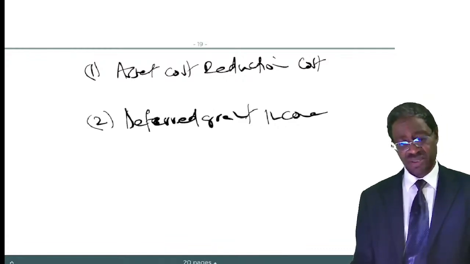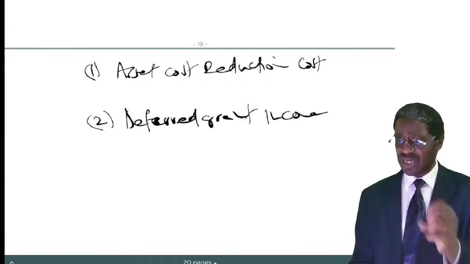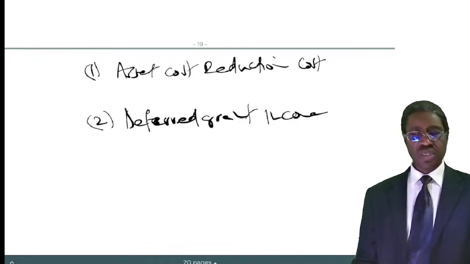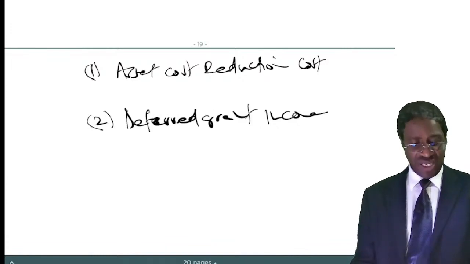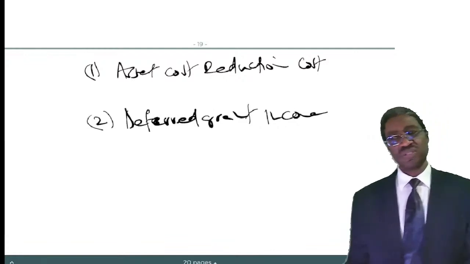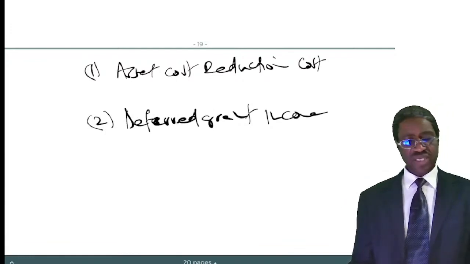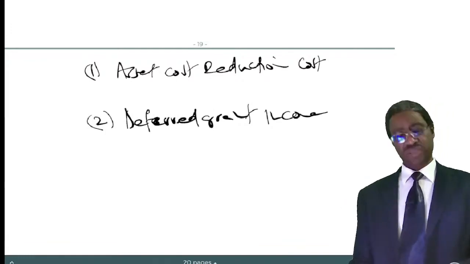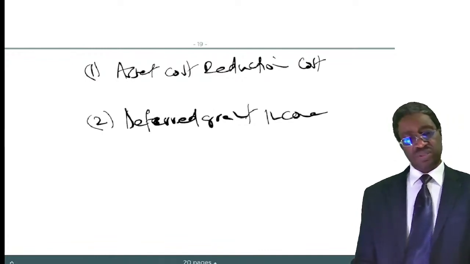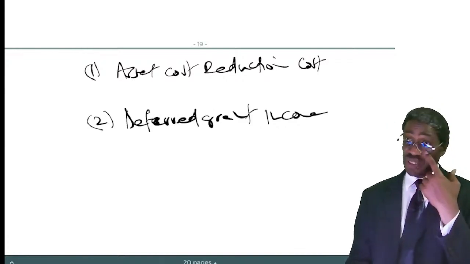Where the grant is considered as a deferred income, to be recognized as an income over the useful life of the asset.